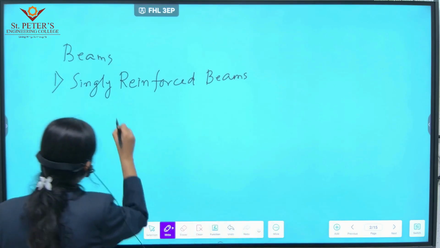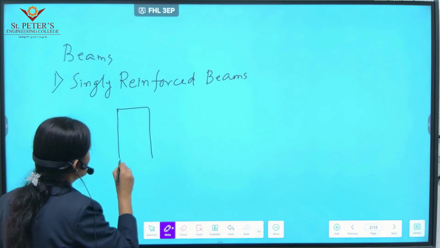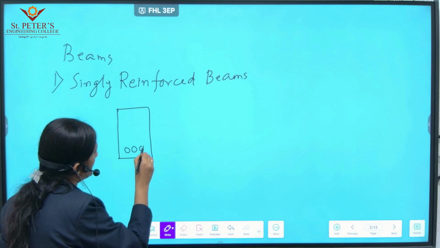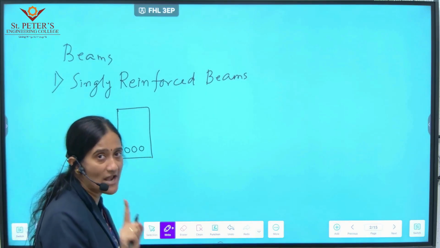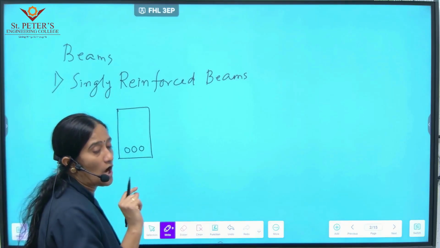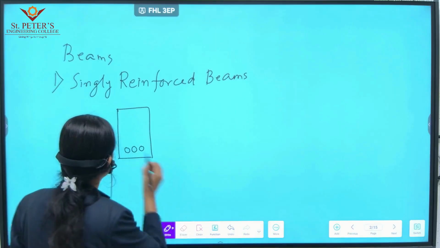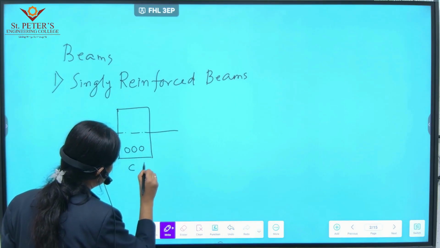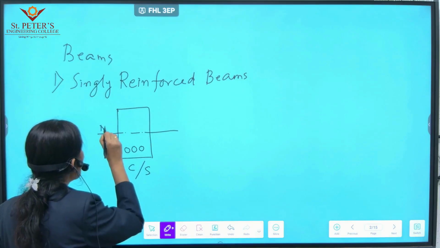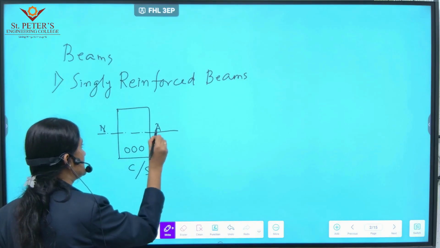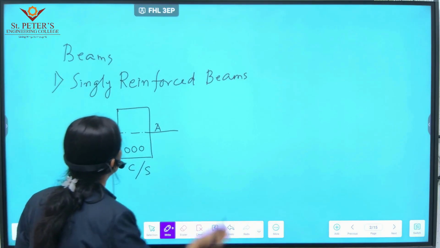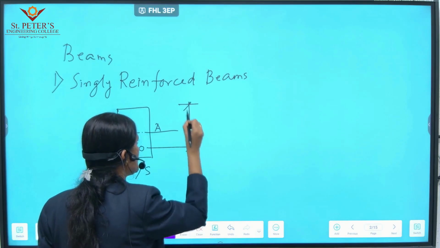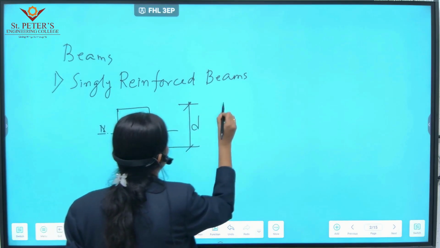So in a singly reinforced beam, the main steel is provided at the bottom. Only one reinforcement is provided, at the tension zone. In a beam cross section, the neutral axis is at the center, where the tension is equal to compression.